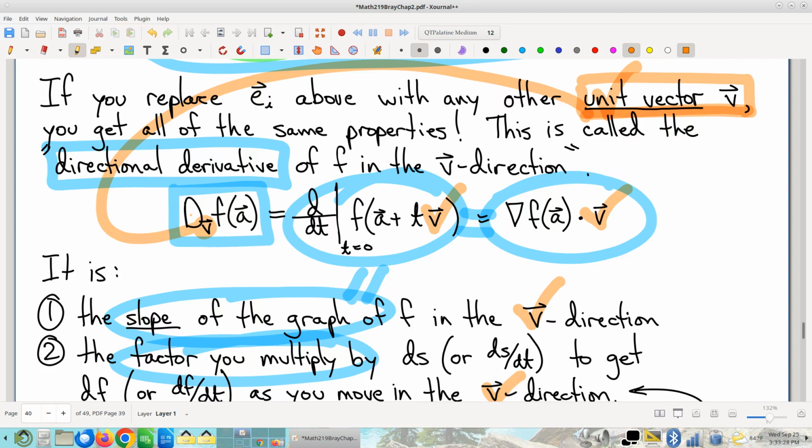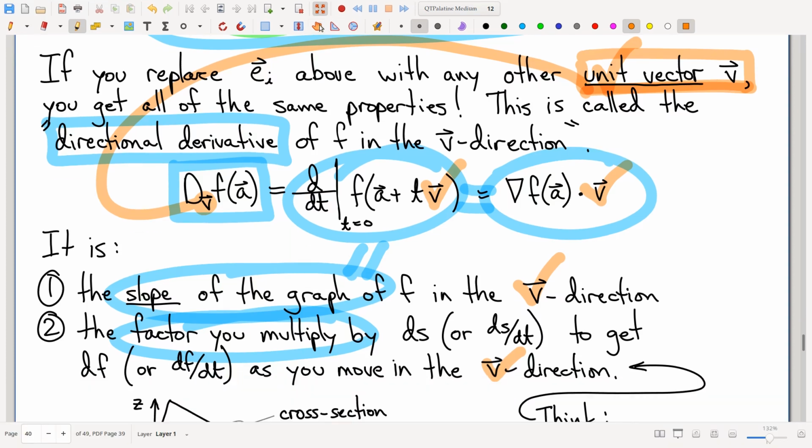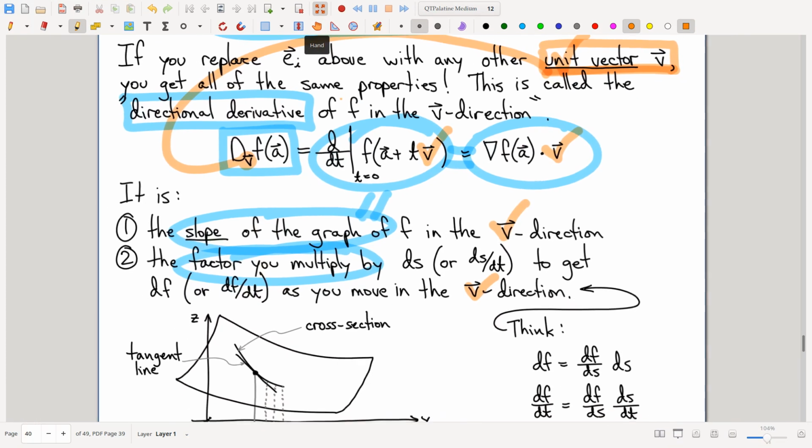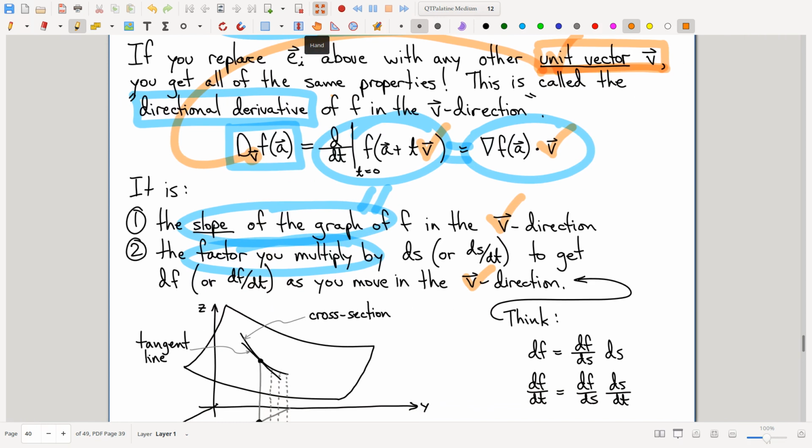Now there is one extra thing that you get when you do this. Let's think about this multiplicative factor point of view. What do I multiply?